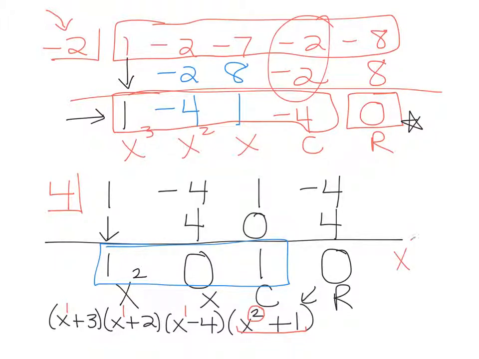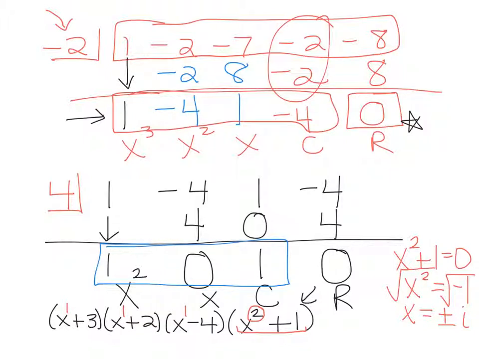And if you think about it, if you set x squared plus 1 equal to 0, that gives me x squared equals negative 1. And if I square root both sides, x equals plus or minus i. So the other two zeros that exist for this polynomial, at the very beginning I said there was 5 zeros.